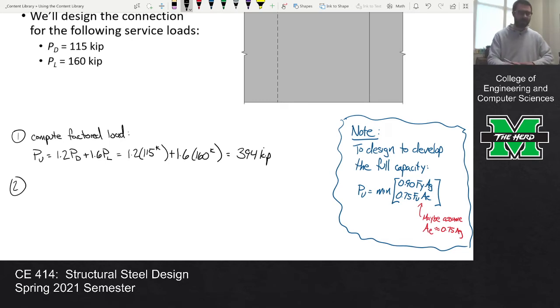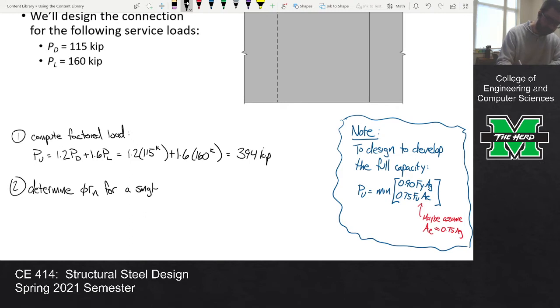Now what we need to do is determine phi Rn for a single bolt. So we're going to go to Table 7-1.